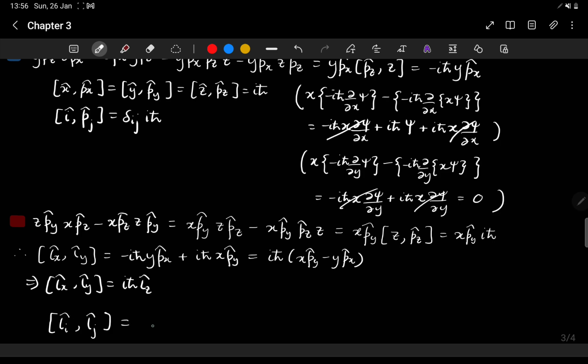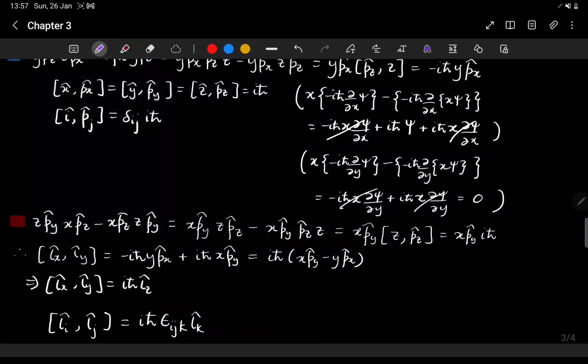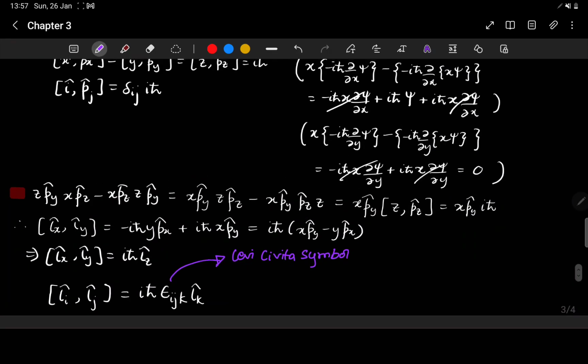if you are familiar with the tensor notation, you would know it can be written as follows, where this epsilon ijk is known as the Levi-Civita symbol. This right here is known as the Levi-Civita symbol. And let me write down for all of those who are not familiar with this symbol.